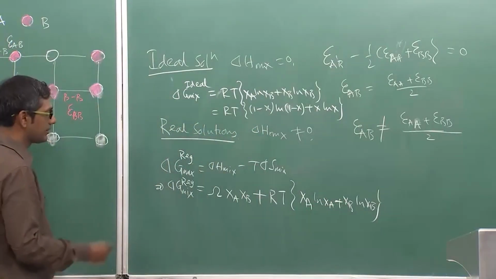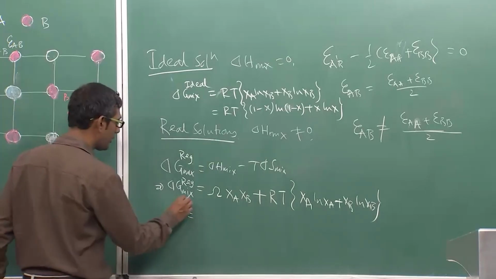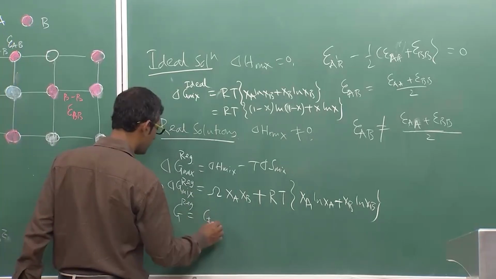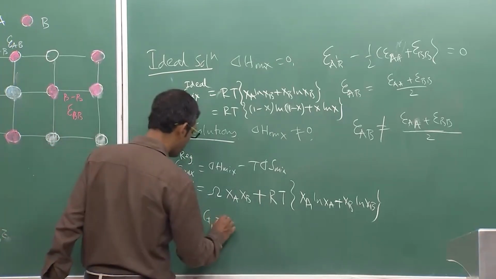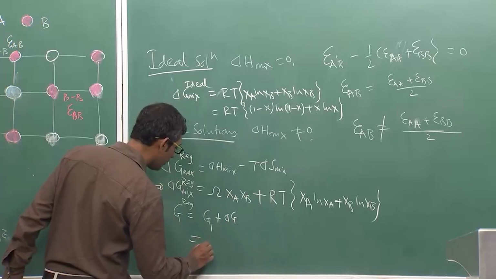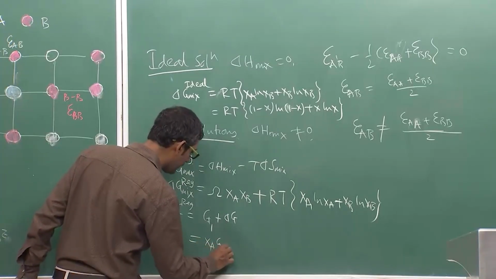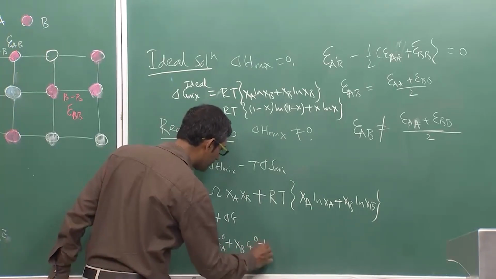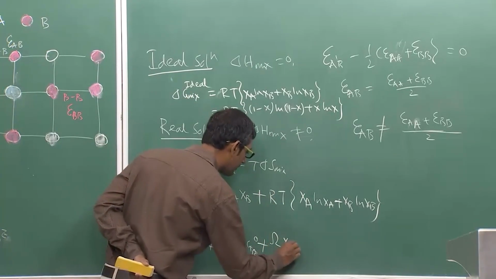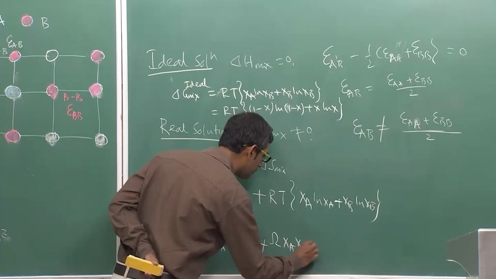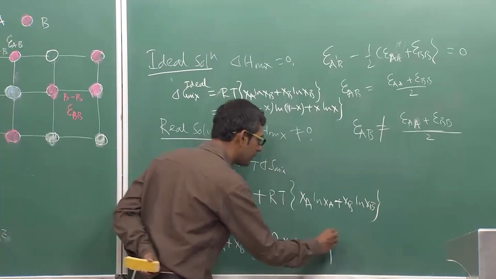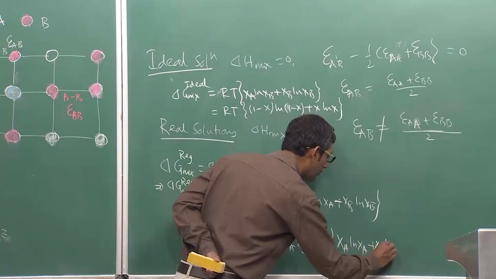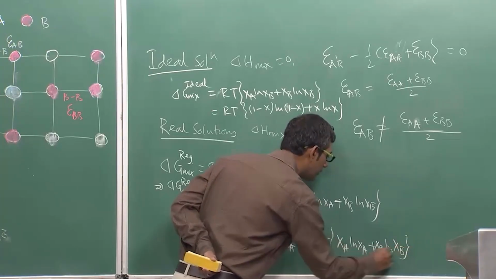So now if I know this, I can simply calculate G of regular solution, which is G of step 1. Remember in the last class I have written step 1 plus delta G. So that means this is equal to XA G_A^0 plus XB G_B^0 plus this term, omega XA XB, plus RT (XA ln XA plus XB ln XB).